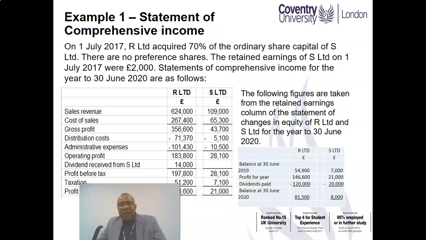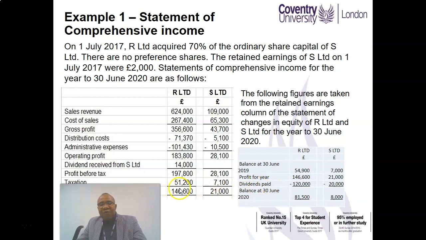Then the profit for the year is the figure taken from here, 146,621,000, less the dividend. Now, of course, if you remember, we own 70% of S Limited. Therefore, 70% of 20,000 has been recognized there as 14,000. We will need to eliminate that in our consolidation process.